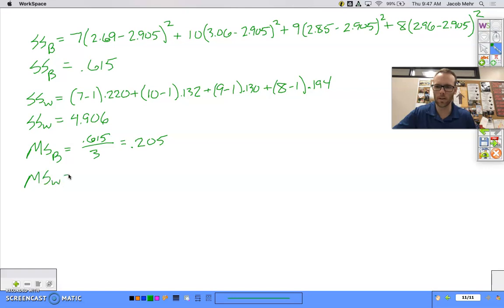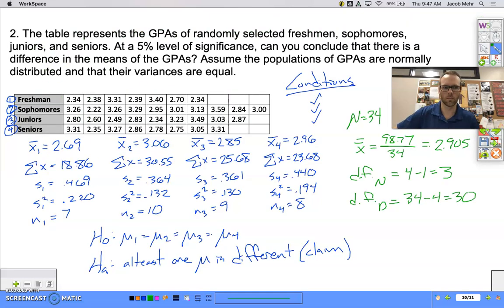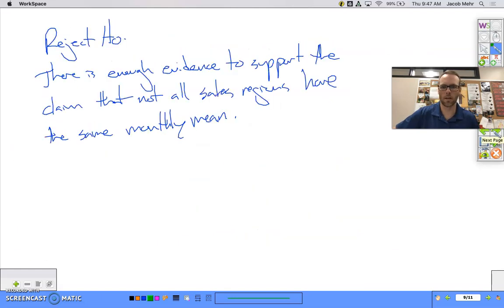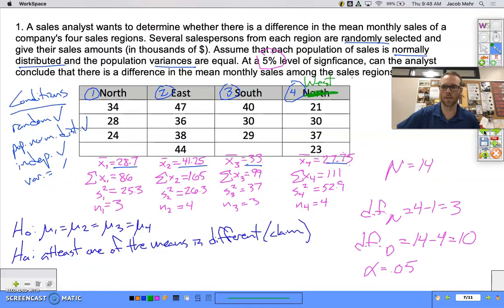All right, mean squares within: sum of the squares within over degrees of freedom of the denominator. So the sum of the squares within was 4.906 over the degrees of freedom of the denominator, 30. I get 0.164.